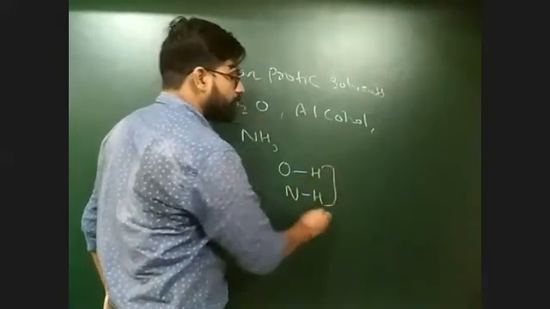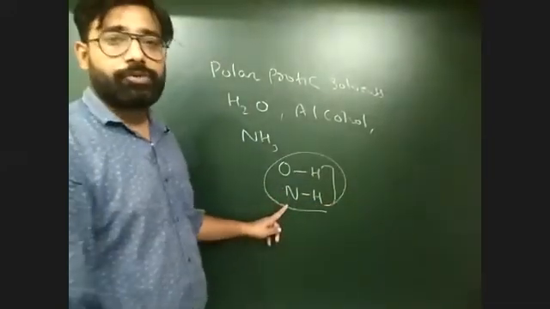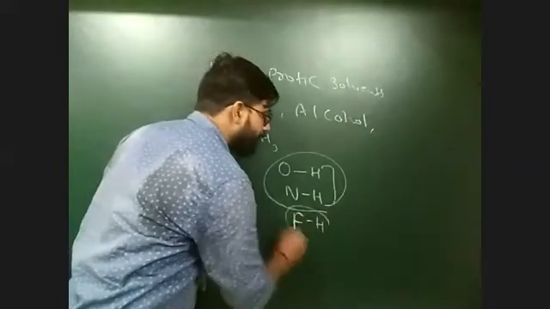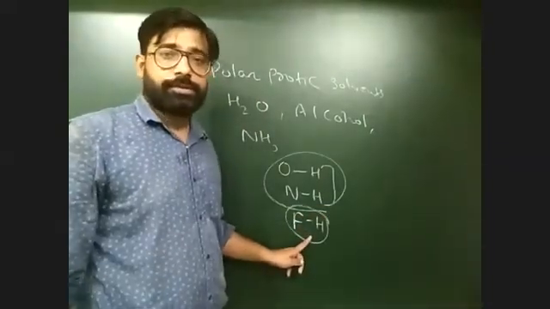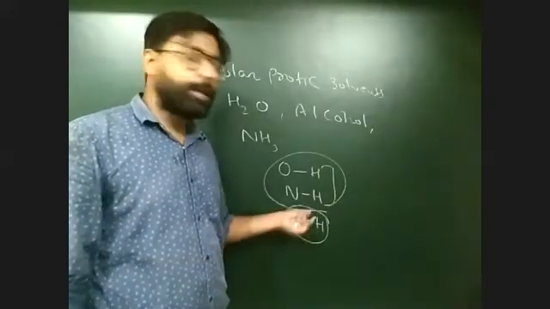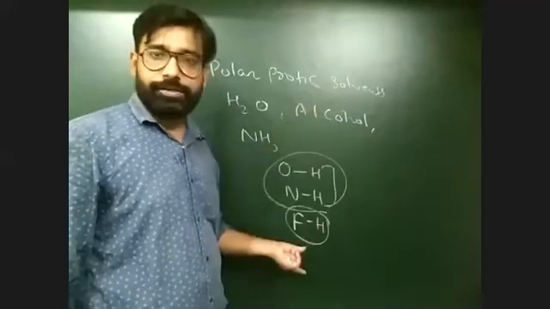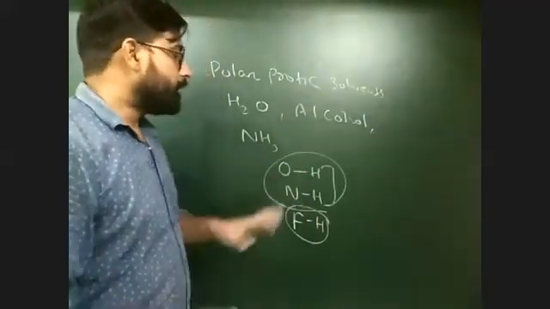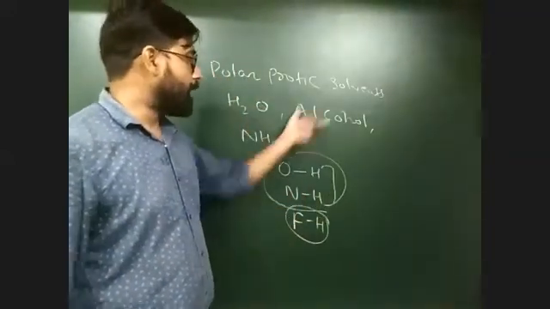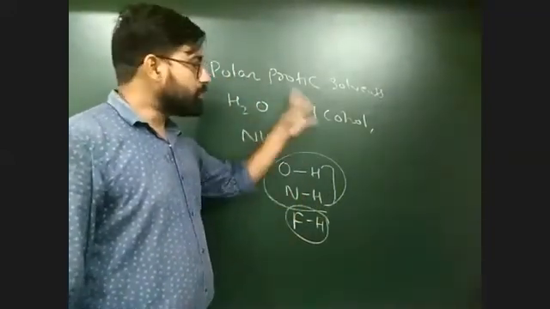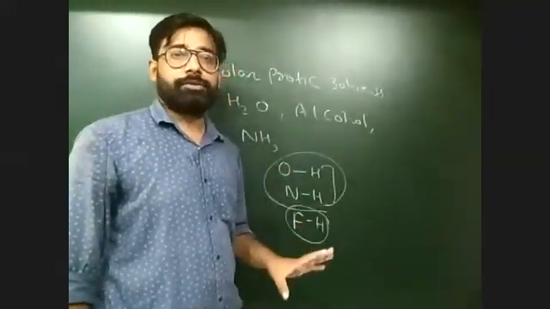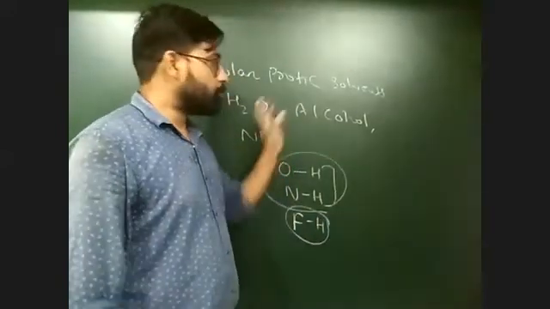These two are the main polar protic solvents. FH is also a polar protic solvent, but first of all it is condensed into liquid form, then used as a solvent. So mainly inorganic, two are OH and NH: H2O, alcohol, NH3. So these are the polar protic solvents, where hydrogen bonds form.